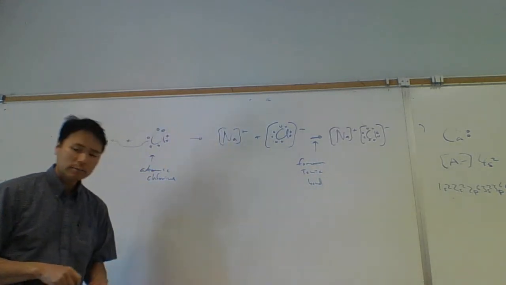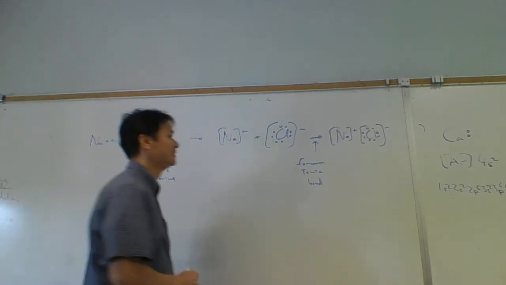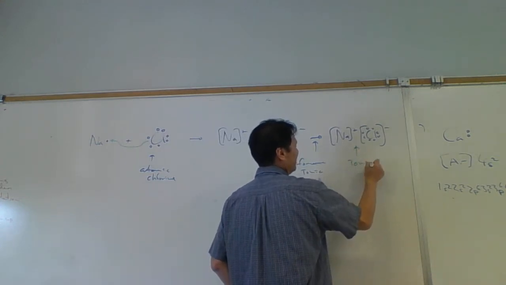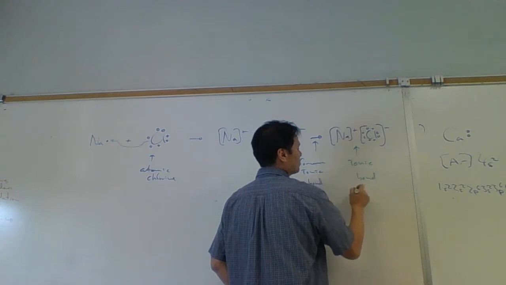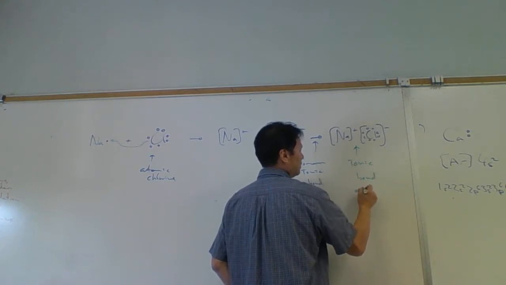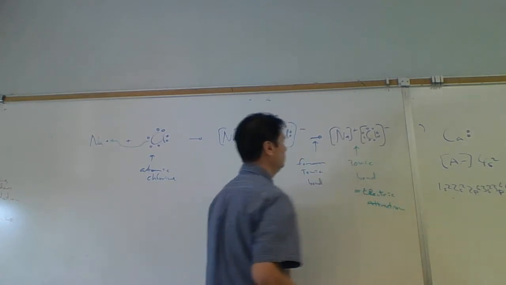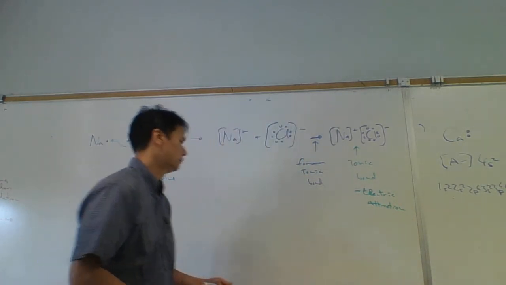Well, where's that ionic bond? The ionic bond is here. This would be what we term the ionic bond. The ionic bond is just the electric attraction. That's all. Electric attraction. It's the ionic bond.